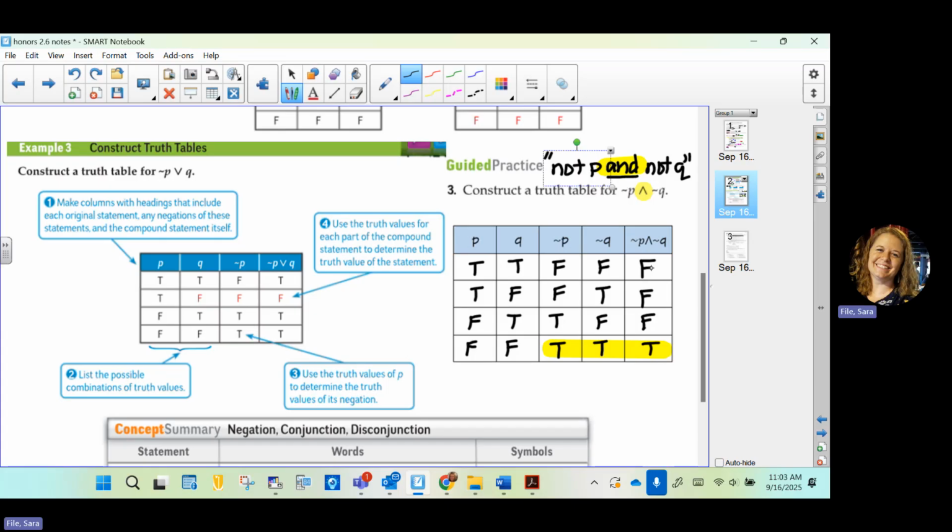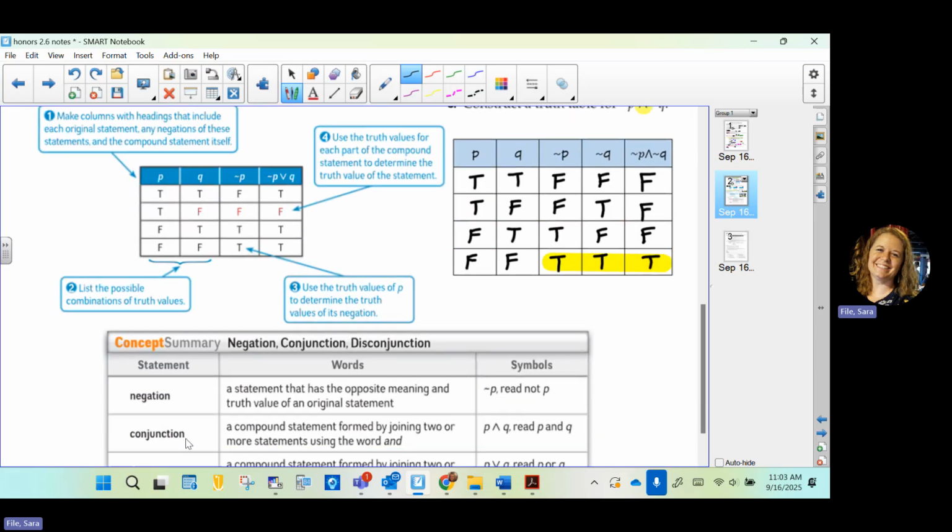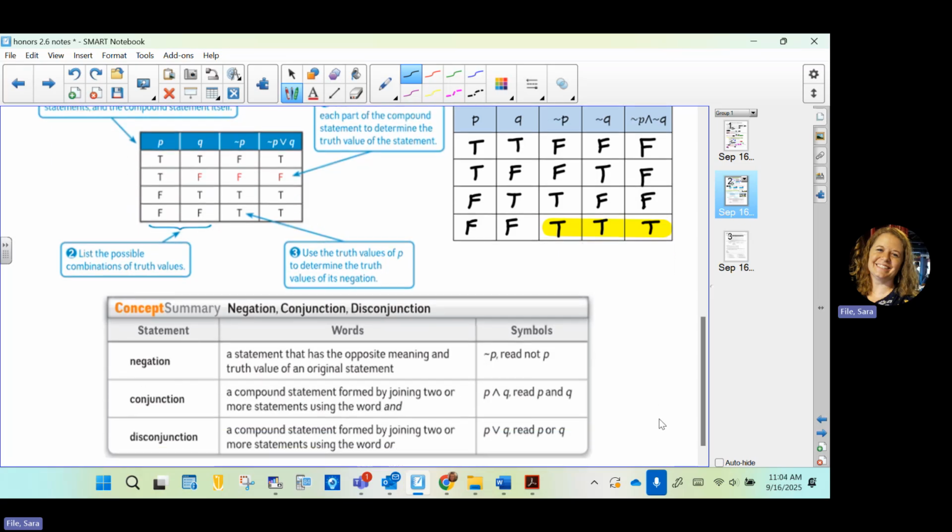Are we okay with it? This table underneath here, this concept summary, I'm not going to read through that. That kind of just puts it all together in one spot. If that's a nice reference for you, you can use that.